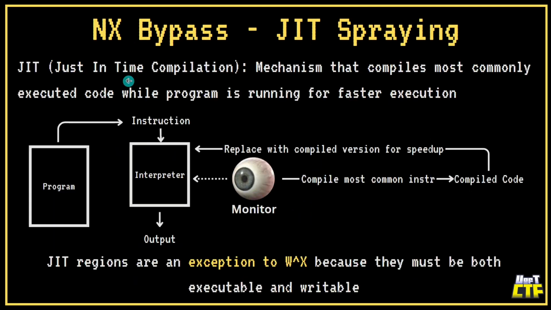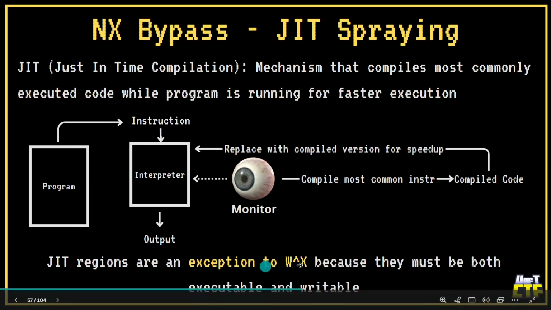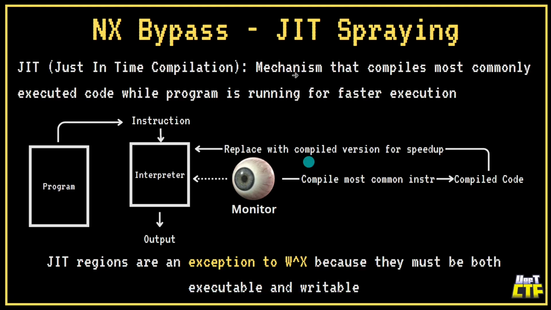There are a few parts of your program that are both writable and executable. So these are exceptions to the write XOR executable rule. The part of the program that might have this is the part responsible for JIT. JIT is a functionality used in interpreters where you have a lot of instructions that are very commonly being executed, and you want to compile those common programs.